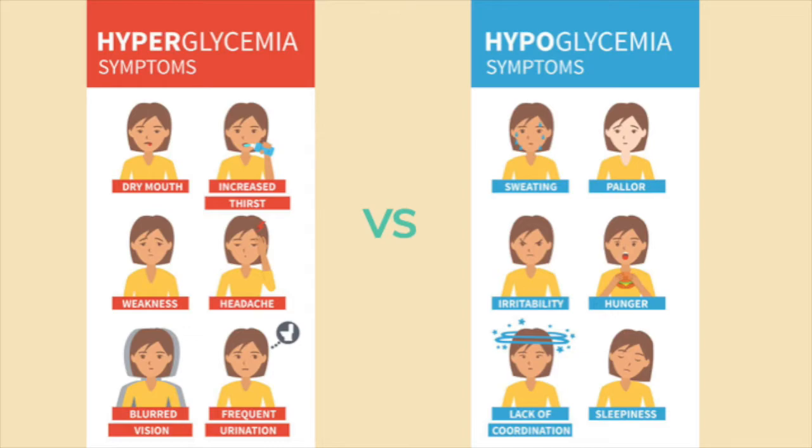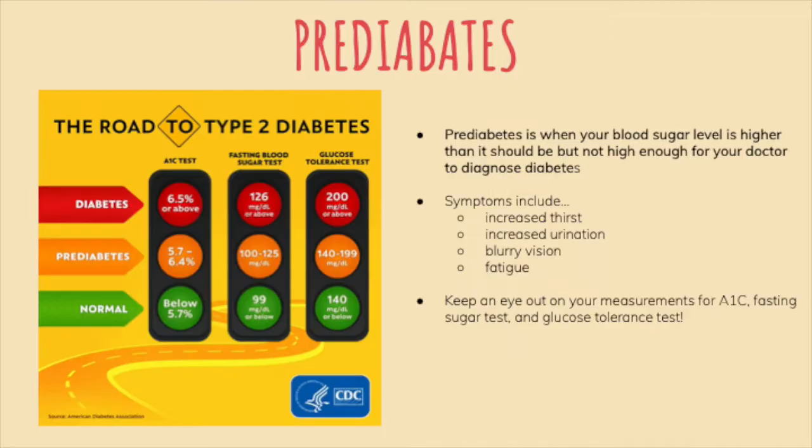So, prediabetes is when your blood sugar level is higher than it should be, but it's not high enough for your doctor to diagnose diabetes. You can think of prediabetes as that warning stage, the stage that happens just before diabetes, where it's pretty dangerously high, but not high enough to officially diagnose you with diabetes. The symptoms for prediabetes are very similar to those discussed earlier with hyperglycemia.